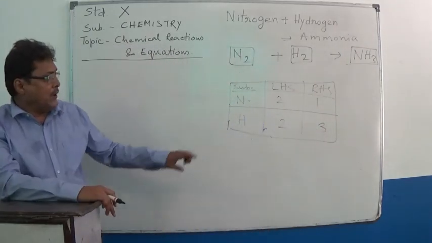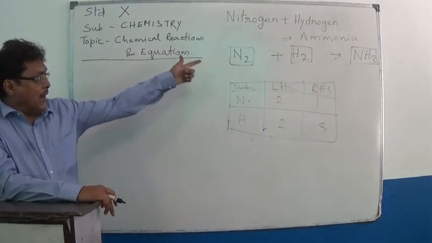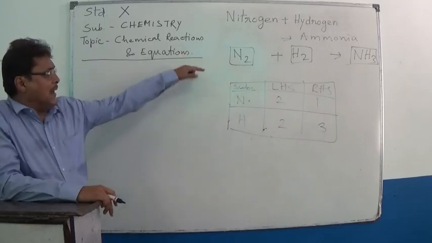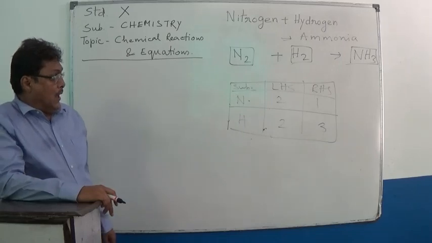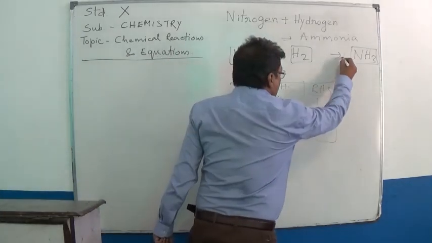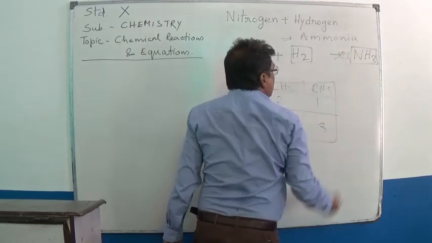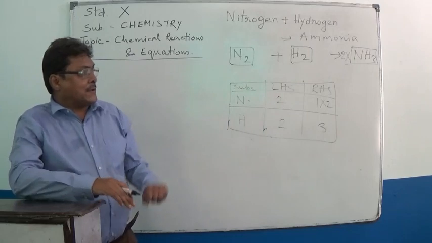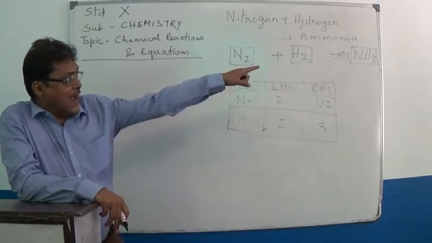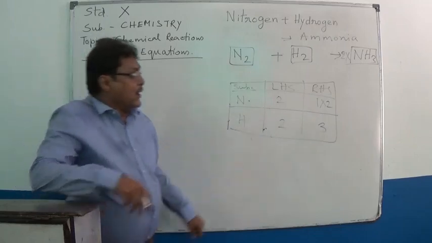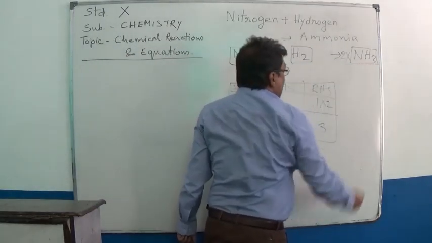So let us start with what is more. We can start with both, but let us start with, say, nitrogen. We have to balance nitrogen on that side, so we multiply it with 2. Now the nitrogen is balanced, but the hydrogen has got 2 into 3, 6 hydrogens.